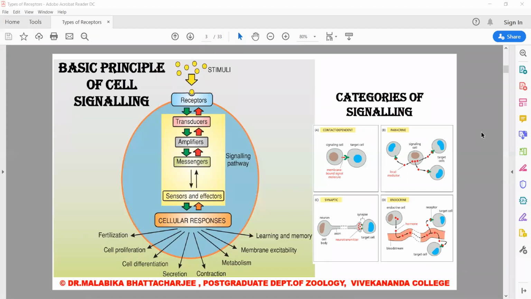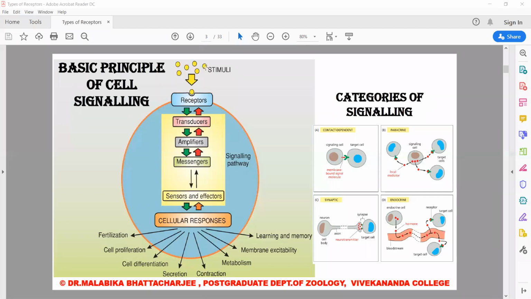If I look into this picture at the left, a schematic summary of how a signaling pathway occurs is shown. Very schematically it has been shown that cell signaling can result either from direct interaction of the cell with its neighbor or from the action of secreted signaling molecules.